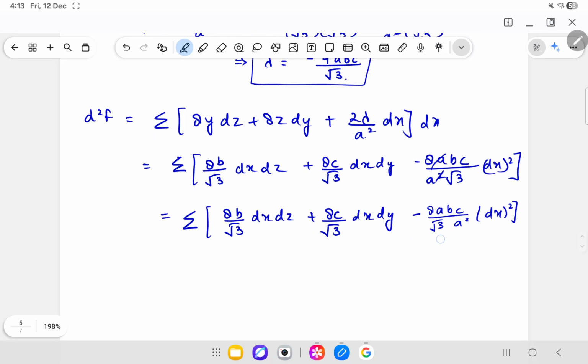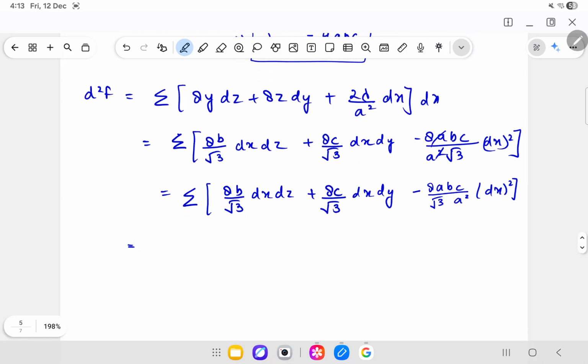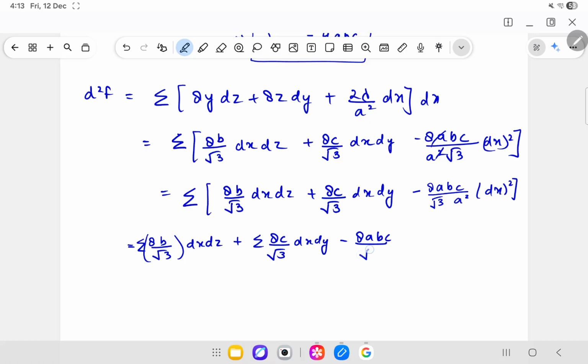So this can be written as summation 8b by square root of 3 dx dz plus summation 8c by square root of 3 dx dy minus 8abc divided by square root of 3 summation dx by a square.